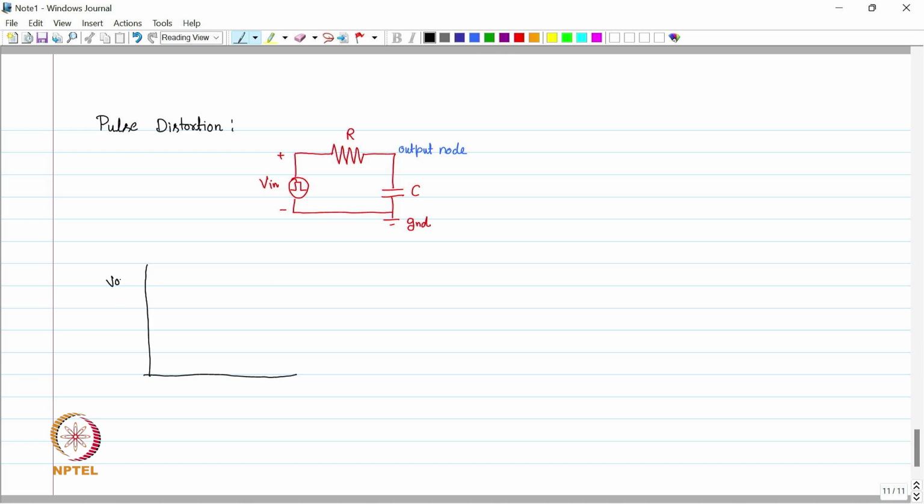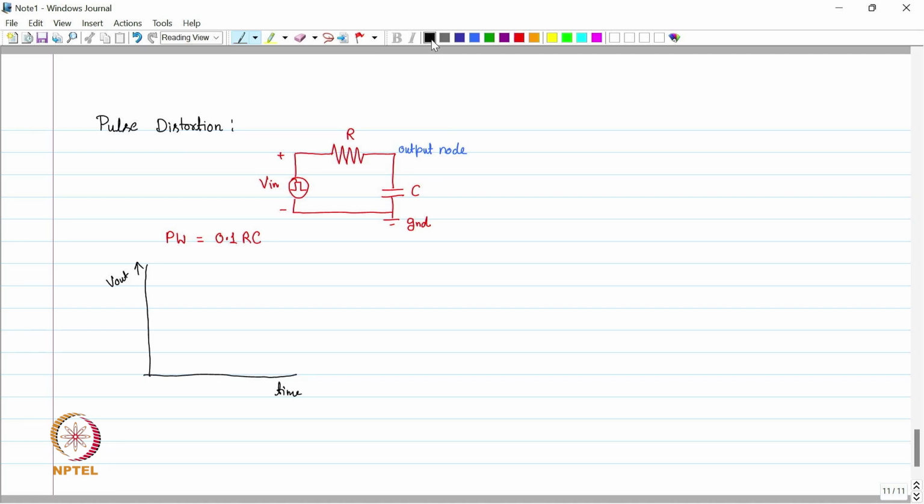This is V out with respect to time for a pulse width which is 0.1 times RC. The pulse width or the pulse duration is 10% of the RC time constant.